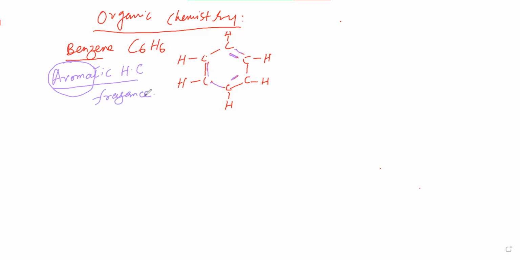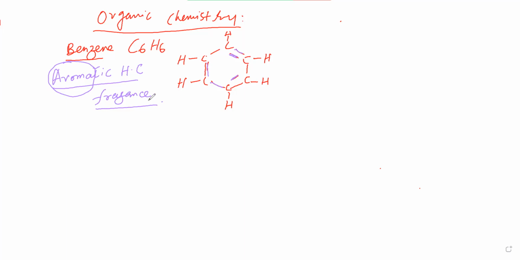It was the belief of the ancient people that any compound having some fragrance or aroma, they called those compounds aromatic. Is it clear? Yes, sir. So on the basis of aroma, they were calling compounds aromatic and non-aromatic.